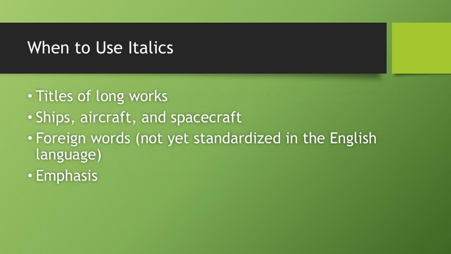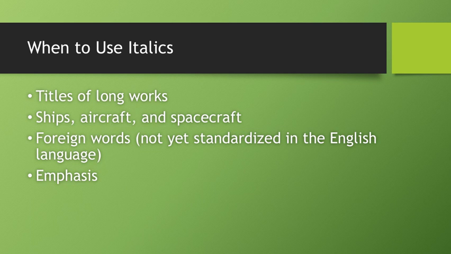All right, so let's talk about italics briefly here. When using italics, these are the tilted letters, tilted words that in some fonts are very easy to see, other fonts are more difficult to see. Generally speaking, italics have replaced underlining. Underlining was the way that we would indicate these things in writing when we used typewriters and other kinds of programs that weren't smart enough to use italics.